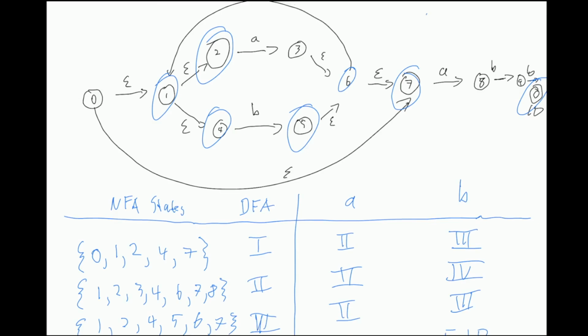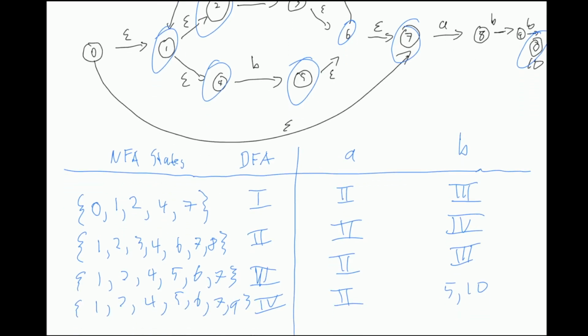We haven't seen this subset yet, so we make a new subset for this: 1, 2, 4, 5, 6, 7, and 10. Let's call this Roman numeral state 5. And so if we're in Roman numeral state 4 and we see B, then we enter Roman numeral state 5, which is also an accept state.